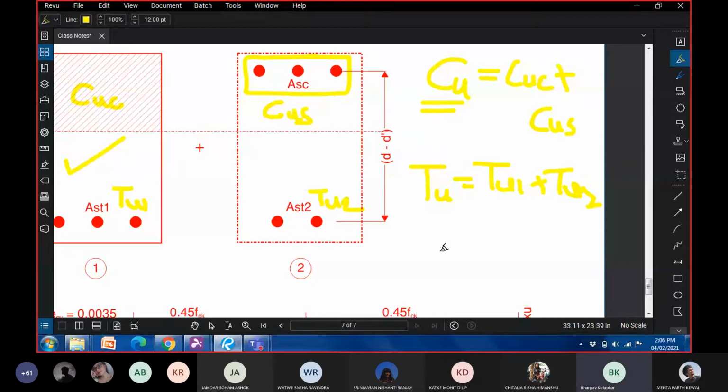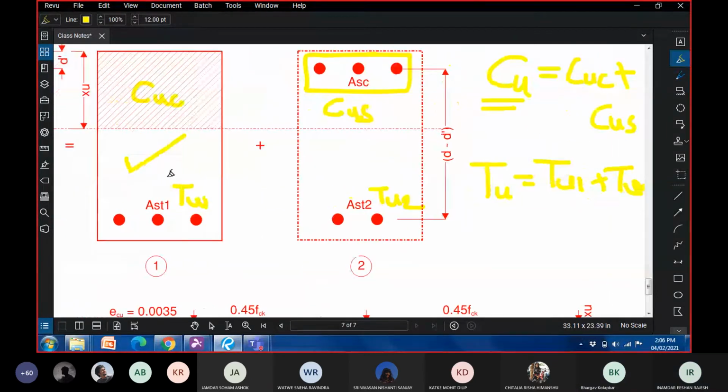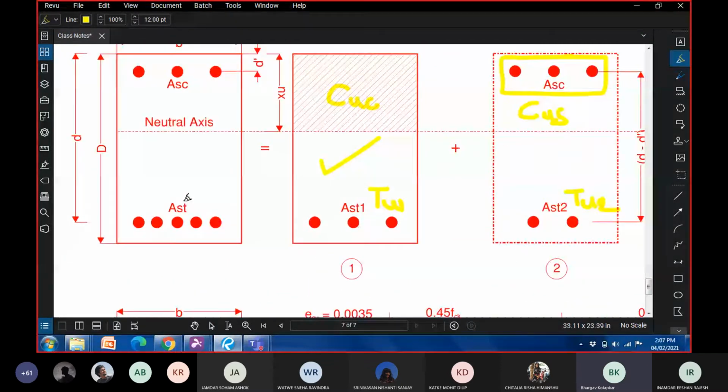Okay, any question in this? Hello, Bhargav. TU2 corresponds only to the compression steel, right? Okay, so all T is tension. What we have done is we have just split AST into AST1 and AST2.